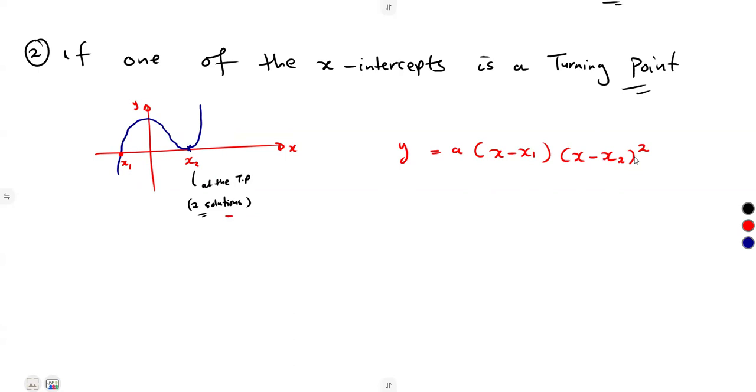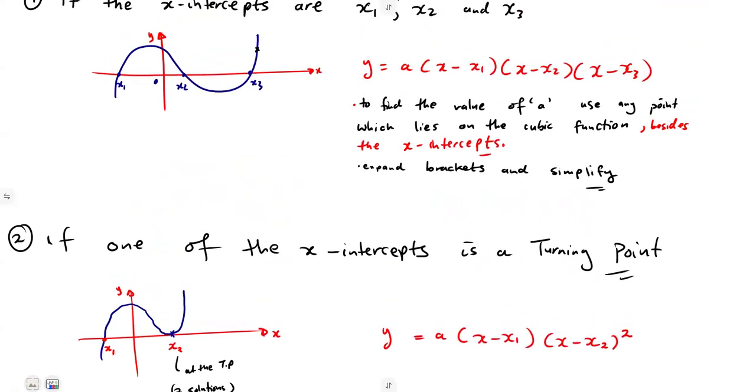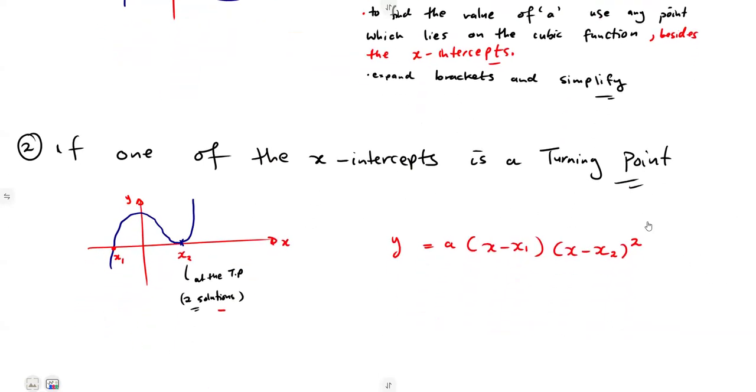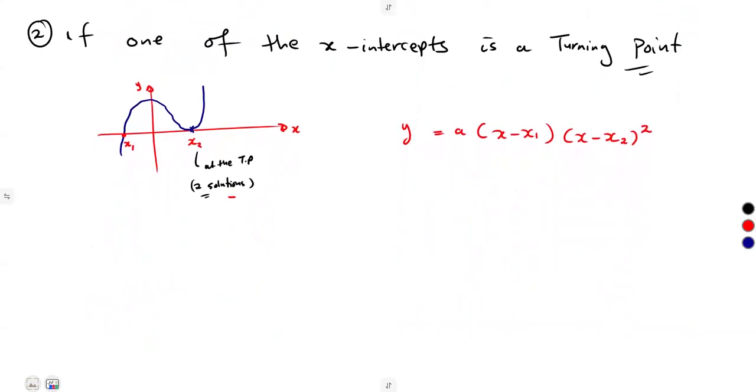So just like what we had before, you must have another point in order for you to find the value of a. You use any point besides the x-intercepts. Expand the brackets and simplify. That is the same condition that you're going to have as before.